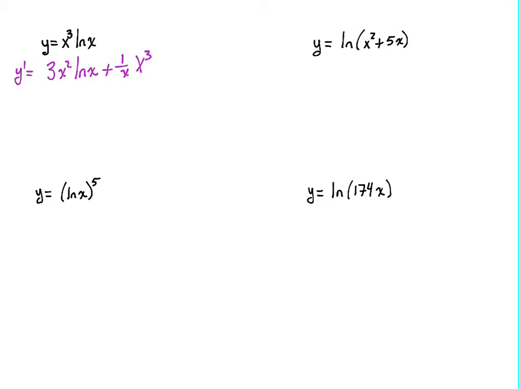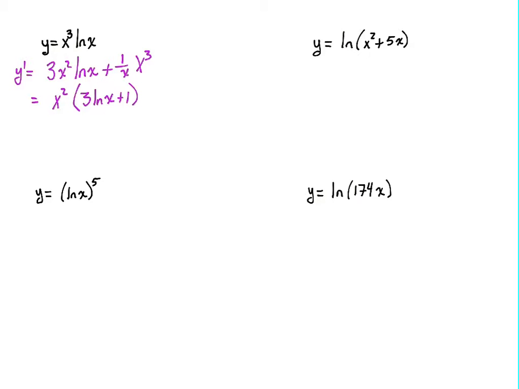And then we're just going to simplify this. 1 over x times x cubed is going to be x squared. We have an x squared here and an x squared there. I'm going to factor out the x squared to tidy this up. So we'll end up with an x squared here, and then inside the parentheses, after using the distributive property, we get 3 times the natural log of x plus 1.